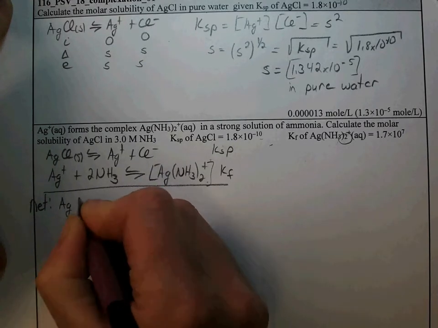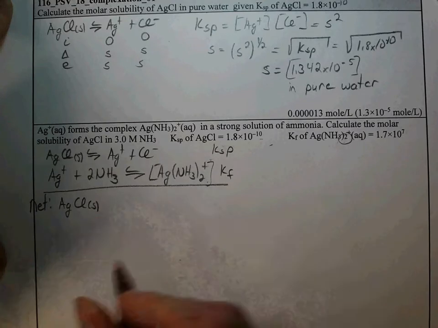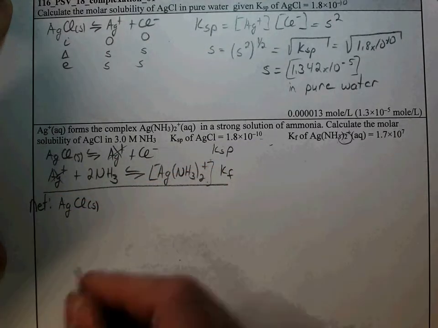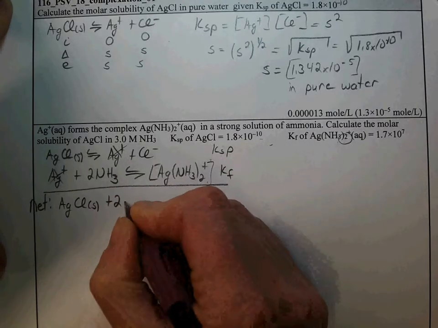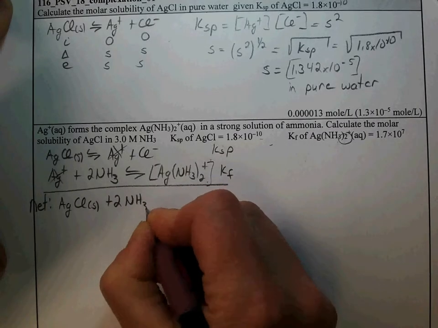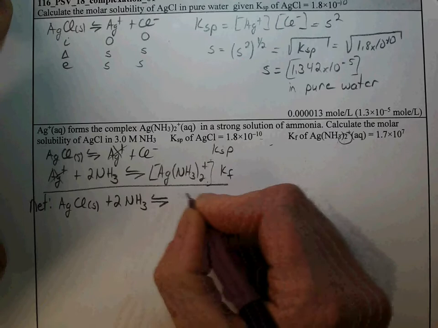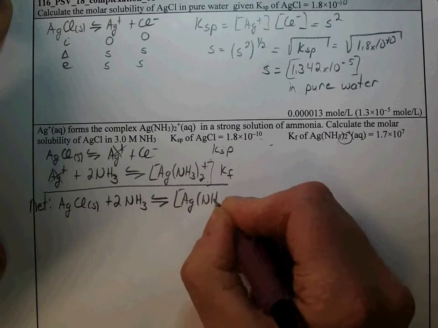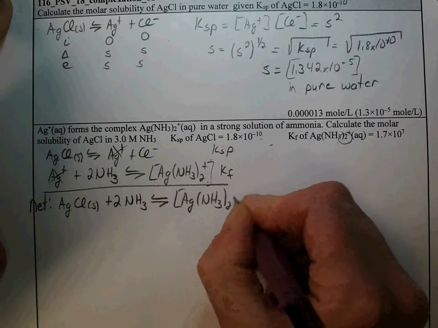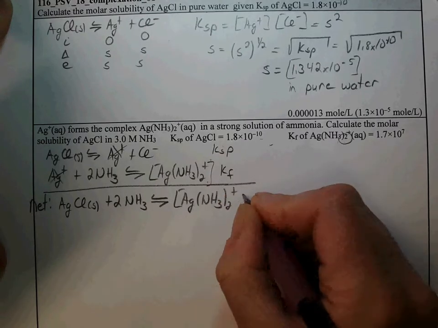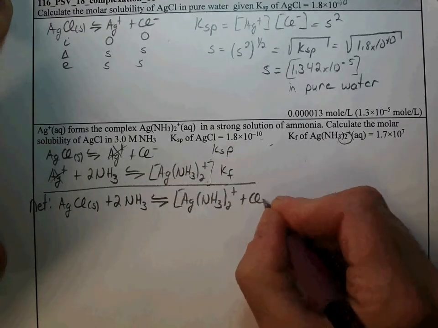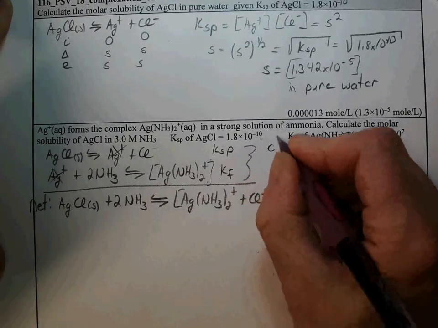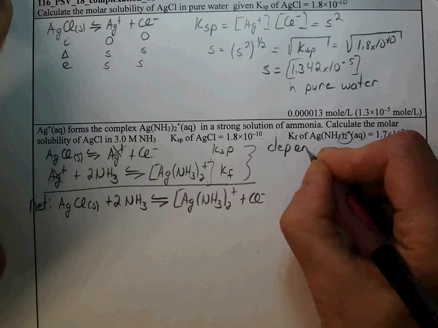The net reaction we can get by summing these two dependent equilibria. What we see is Ag+ is produced and then immediately consumed, so it does not appear in the net reaction. Can't forget our chloride ion here. So again, these are dependent equilibria.